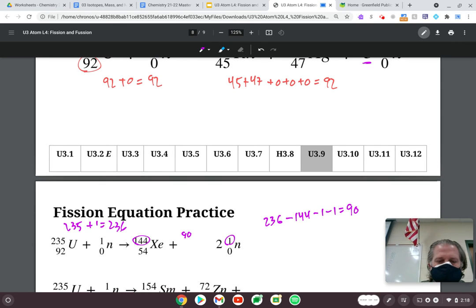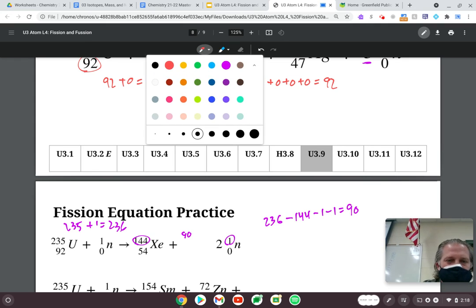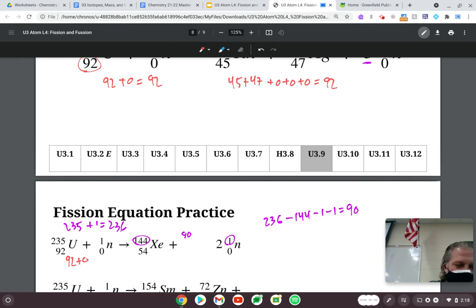And my protons on the left side is 92 plus 0 for a total of 92. So I'm going to do the same thing on the right-hand side. 92 minus 54 minus 0 minus 0 is 38.